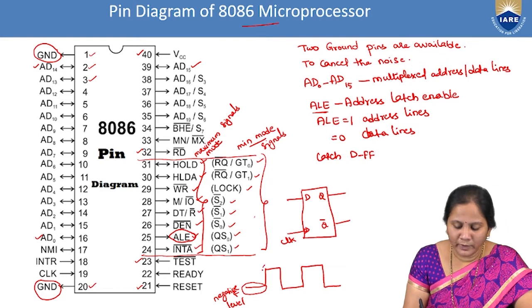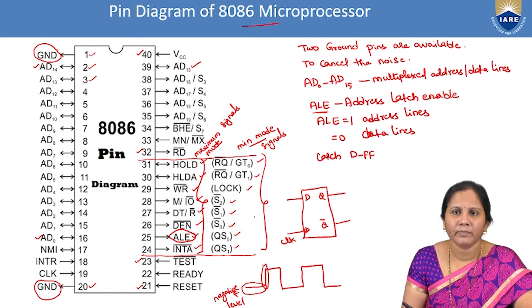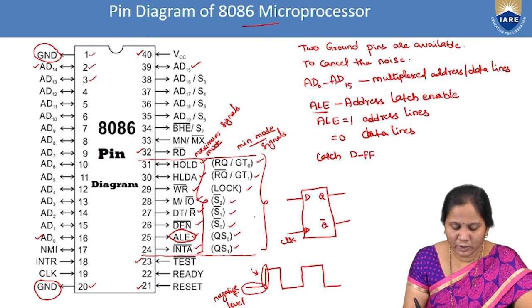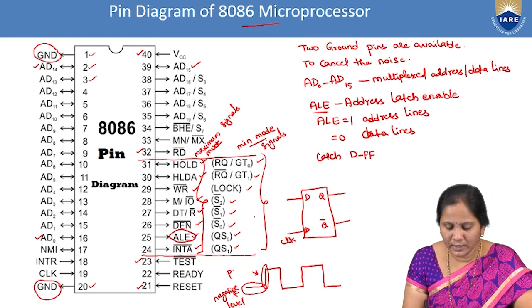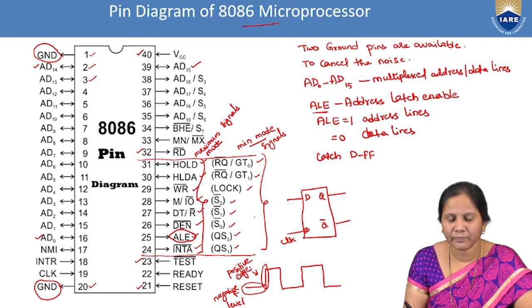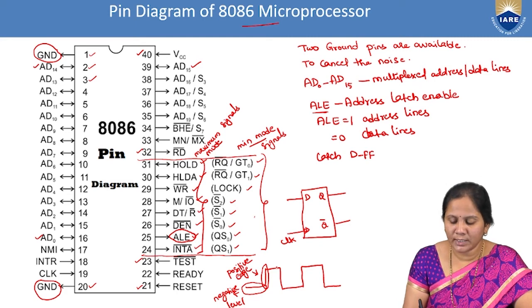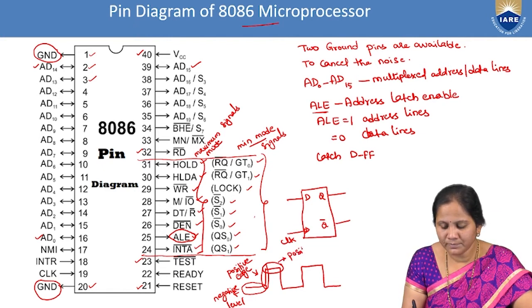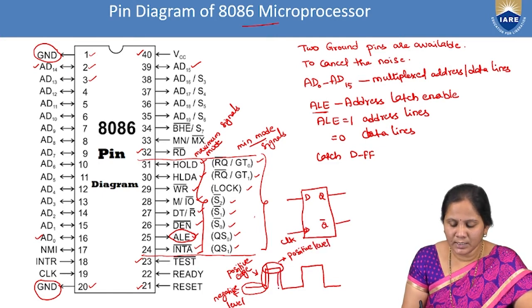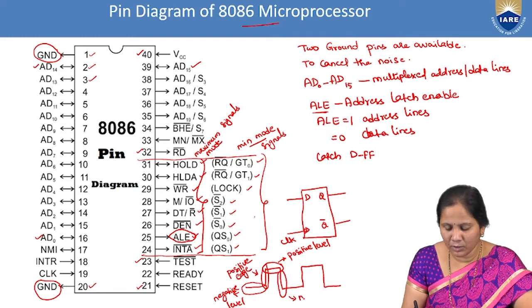Another part is called positive edge. The next part is called positive level. And this other part is called negative level.